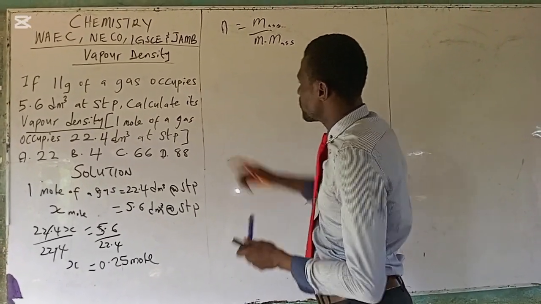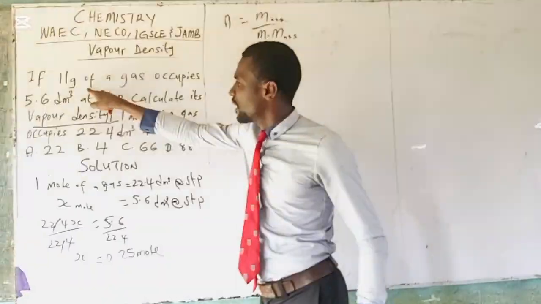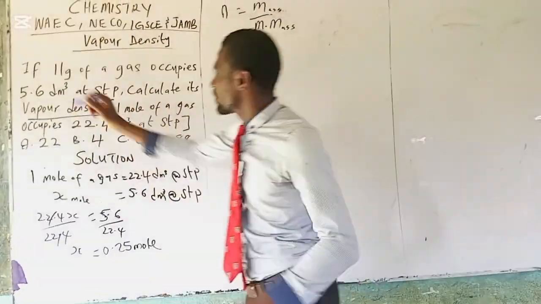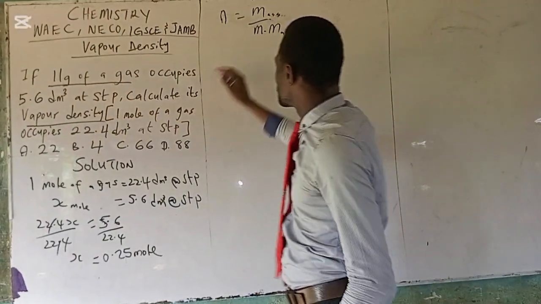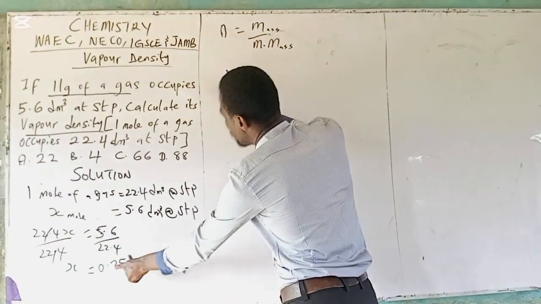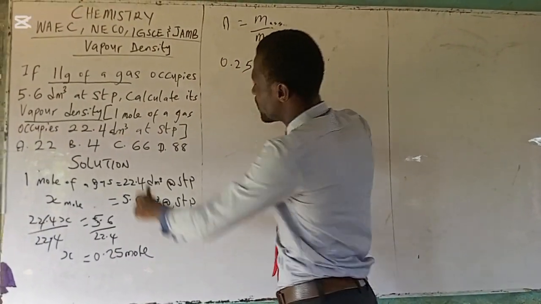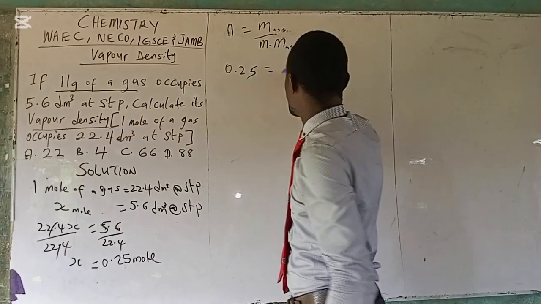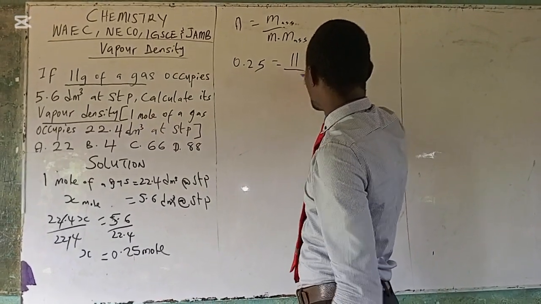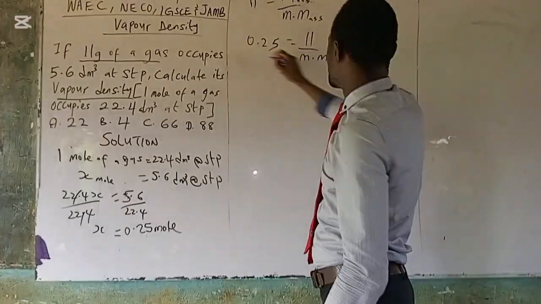From the question, 11 grams of a gas, this 11 grams represents mass. So our number of moles is 0.25 equals the mass in the question, 11, over the unknown molar mass.